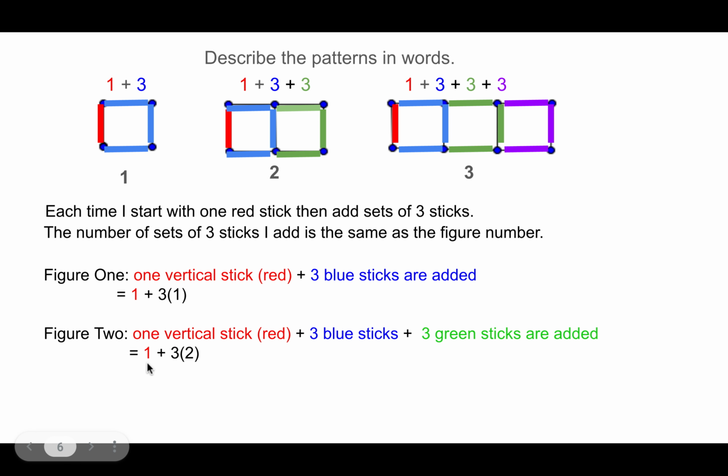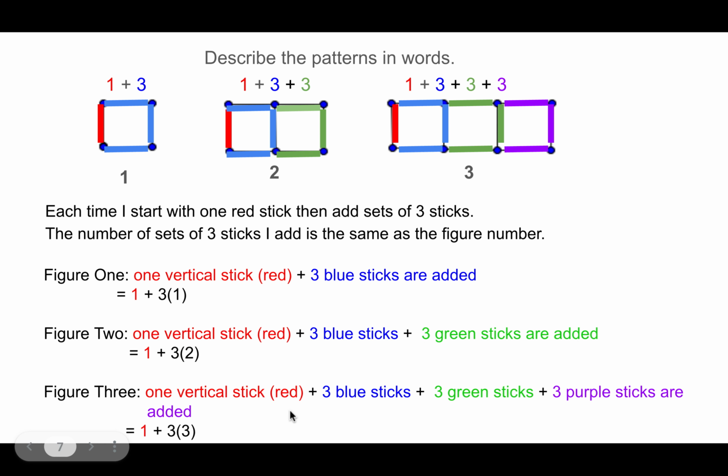So my 1 vertical red stick plus 3 multiplied by 2, because it's 2 sets of 3, or I can think of it as figure number 2, or 2 squares. And figure number 3, again, my 1 vertical red stick plus 3 blue sticks, 3 green sticks, and 3 purple sticks. So I have 1 plus 3 for the sticks, and I have 3 sets of 3, or 3 squares, which is figure number 3.